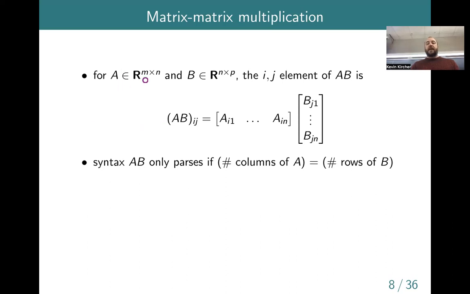For an m by n matrix A and an n by p matrix B, the ij element, the one in row i and column j of the product AB, is defined as the inner product of the ith row of A and the jth column of B. This syntax only parses, like if you try to program this in Python or MATLAB, you'll get an error unless the matrices have appropriate dimensions. The number of columns in A, the second dimension of A, has to equal the number of rows of B, the first dimension of B.